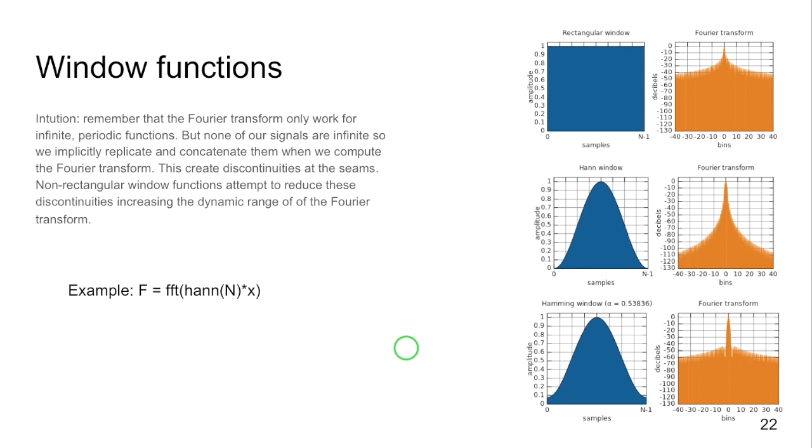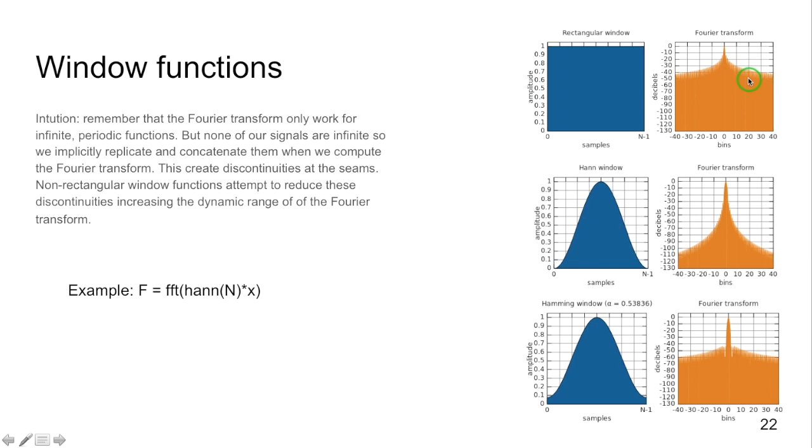Window functions are often applied before computing the FFT because they increase the dynamic range of the transform. A window function is just a function you apply to your data when you cut a chunk of it. Applying no window function is equivalent to a rectangular window or a boxcar, so it's uniform across the window.